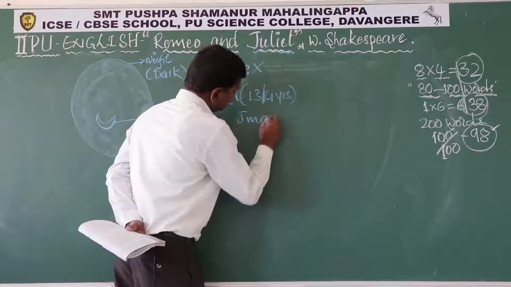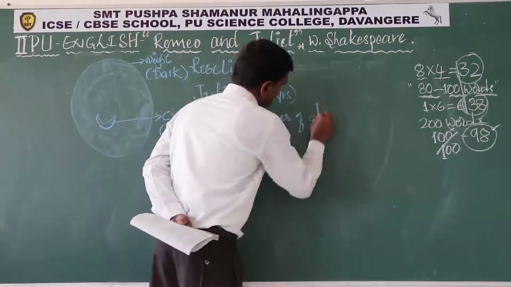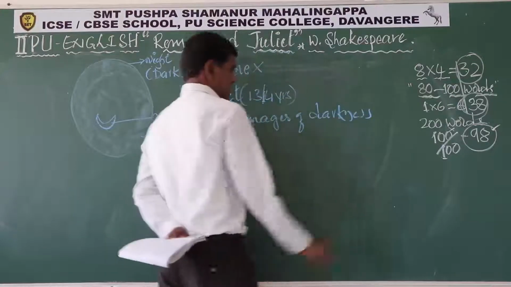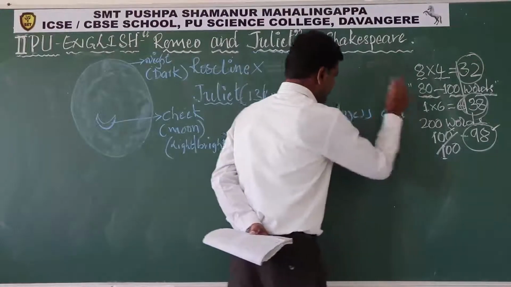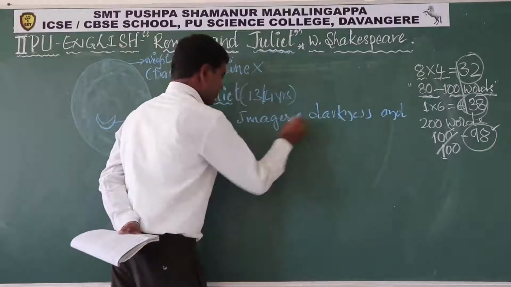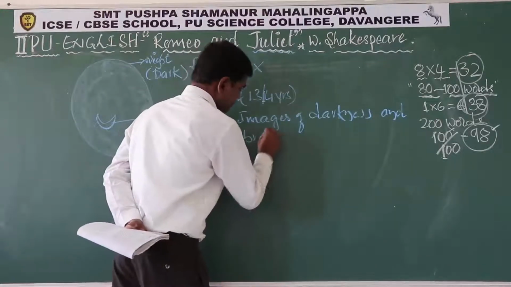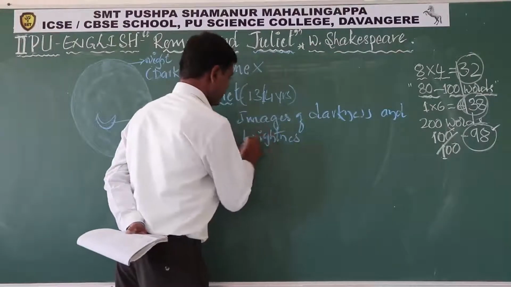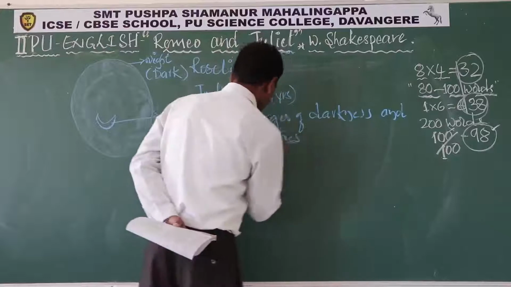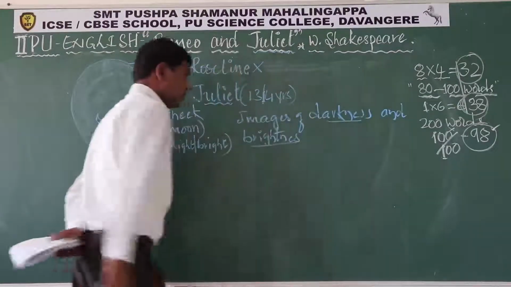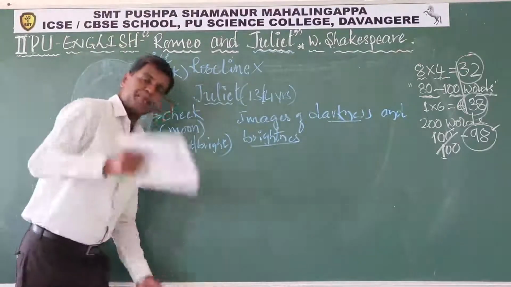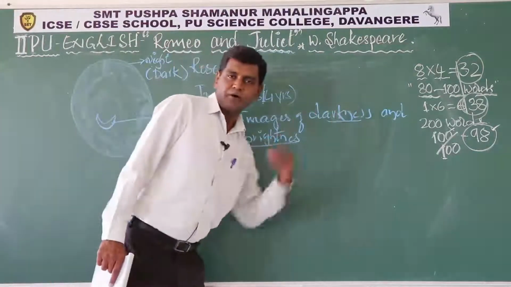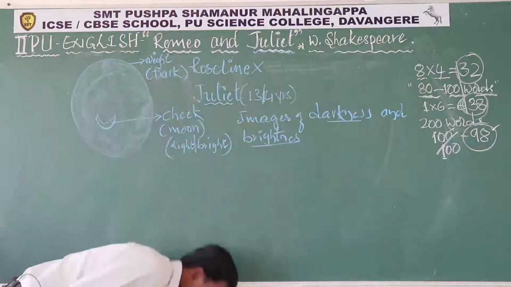What? Images of what? Darkness and brightness are used by William Shakespeare to compare the beauty, the personality of the charming and beautiful girl called Juliet here.